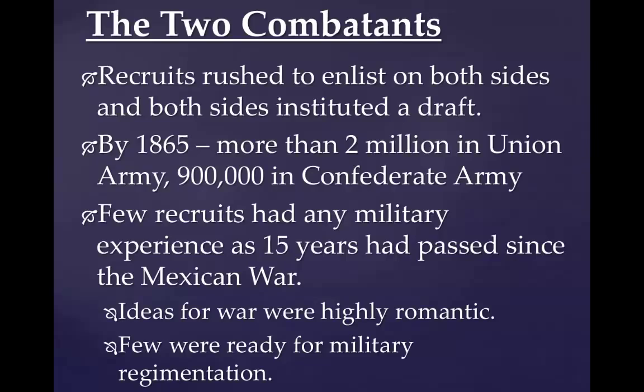Overall, you have over 2 million Union troops and about 900,000 Confederate troops. So again, that really goes to show the differences in sheer numbers, and those numbers are going to be a majorly important advantage for the Union, even though they're going to have a hard time really using that advantage until late in the war.